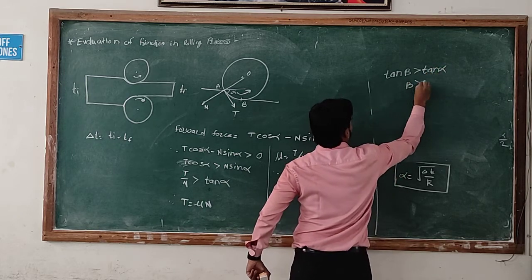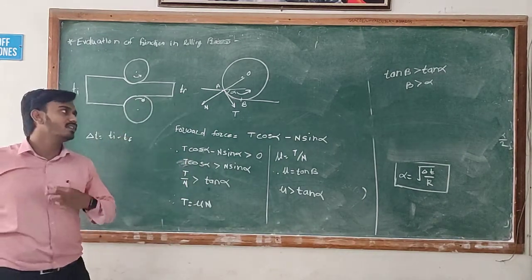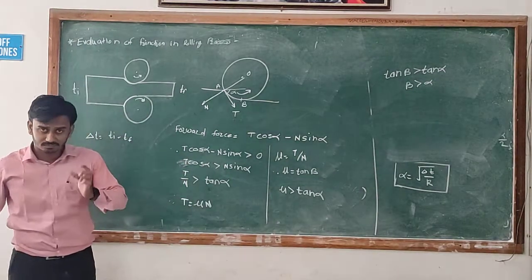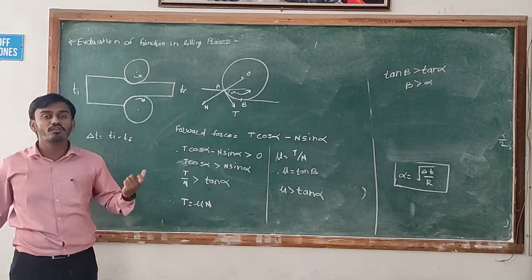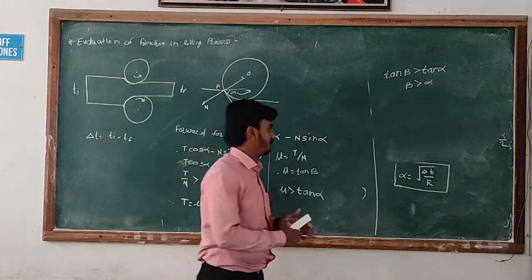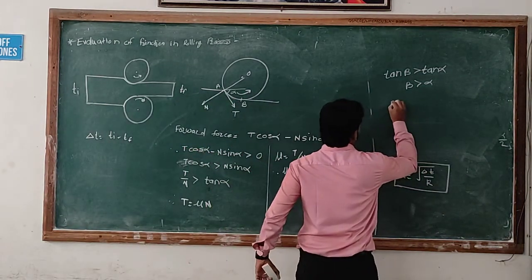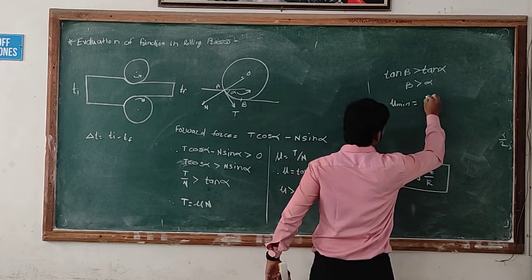Here beta is greater than alpha, but for the minimum value of mu, mu is equal to tan of alpha.